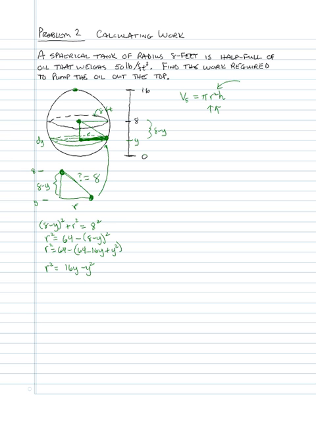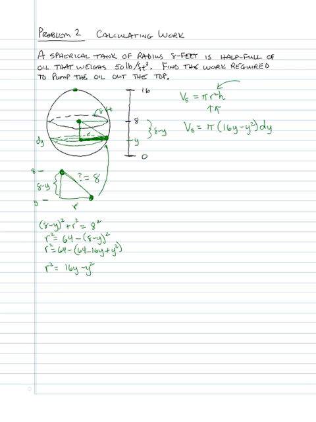So back up here where we started, the volume of that slice is pi times r squared, and we calculated r squared to be 16y minus y squared, and the height of that slice is dy.